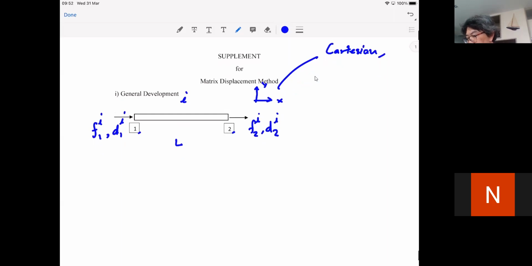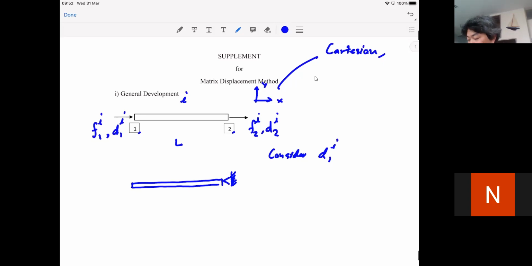I should try to add the support here on the right first. Okay, I should take off the glasses as well because I can't see very well. So right here, we will consider D1 of this member I first.